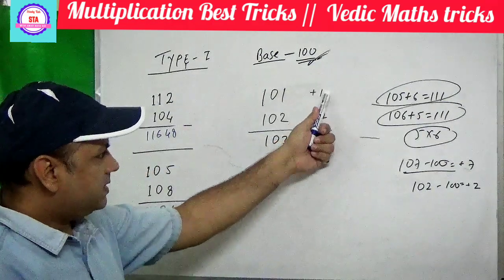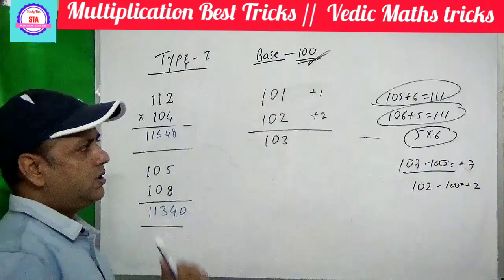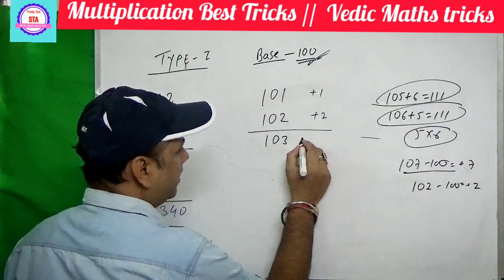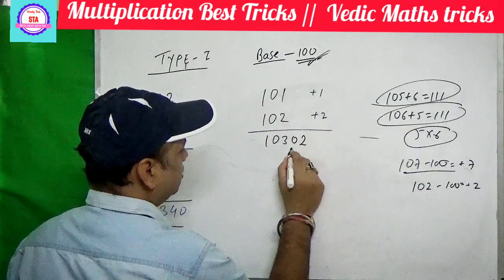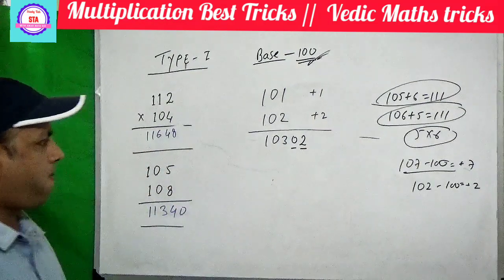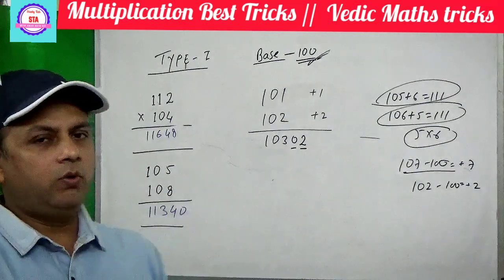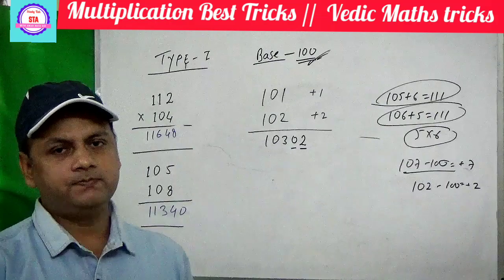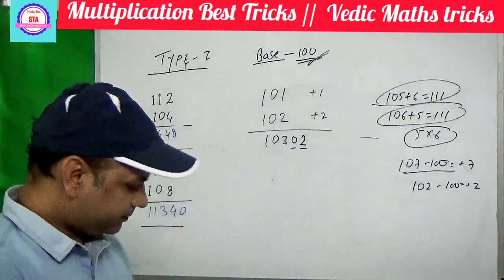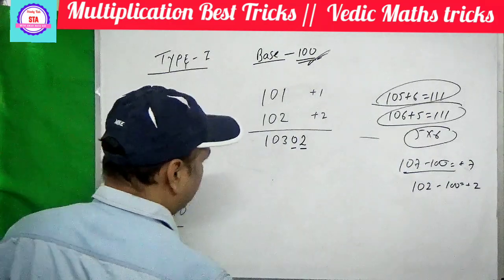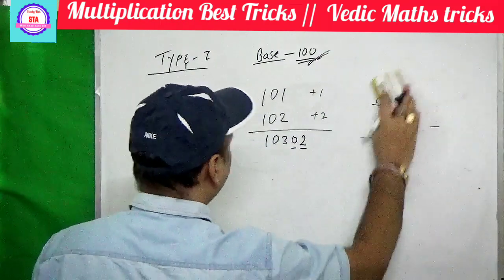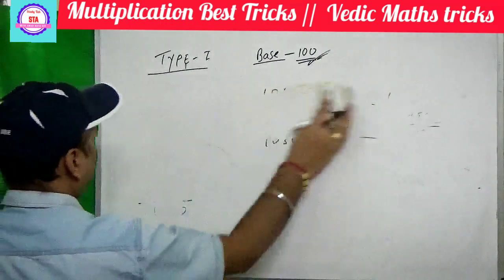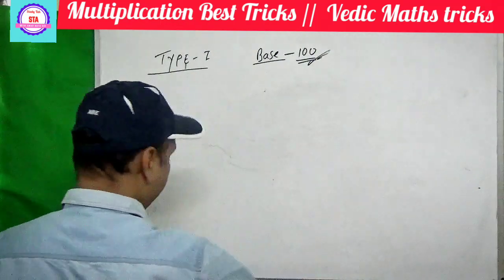Then multiply these numbers, 1 and 2, that is 2. Write 02, because you need a 2 digit. Okay, 10302. I hope all of you understand about this type of multiplication. Now the second type of multiplication.